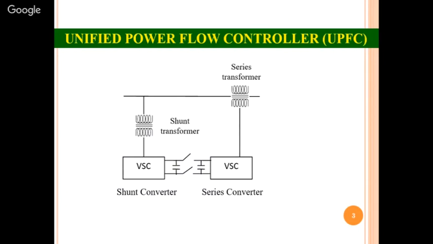Now, before going to HPFC, let us have a basic idea about what UPFC is, because we have seen the various advantages of the unified power flow controller as discussed by Anjali ma'am. We have seen that UPFC is a combination of series and shunt type of VSCs. So it basically utilizes two voltage source converters, one in series and the other in parallel.